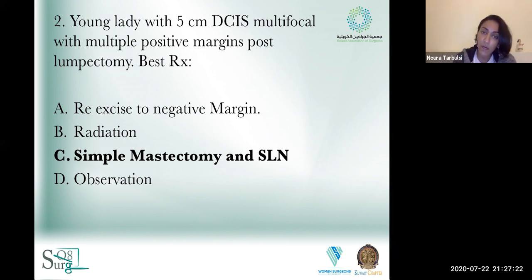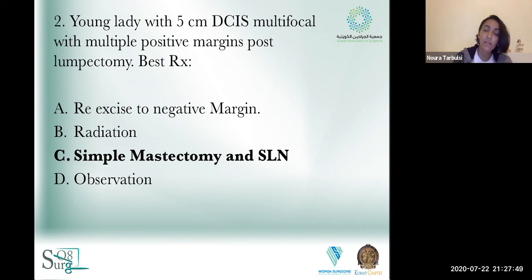A negative margin for breast cancer is negative, even if it's less than 1 millimeter. It doesn't matter. Negative is negative: no cancer cell on the inked surface of the tumor. If you go to the pathology with a breast lump, the first thing they're going to do is paint it: the anterior green, the posterior black, the lateral, the medial yellow, whatever it is.